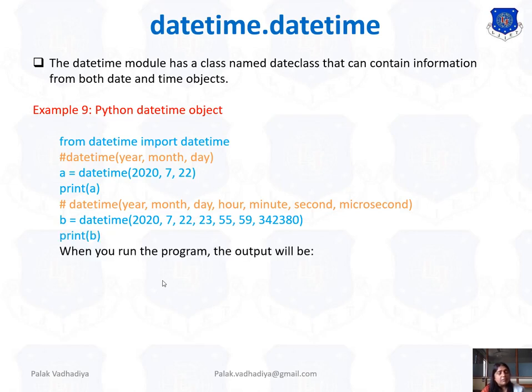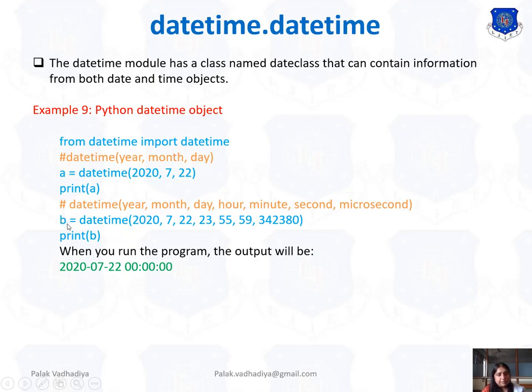Now let's check. We want to see what's the difference between A and B. So when I run this code, A is equal to this, that is year, then month and day. But here, in place of time, it simply shows 0, 0, 0 because we have not specified the time over here. This class says you have to specify both things, that is date as well as time, but we have given only the information regarding the date.